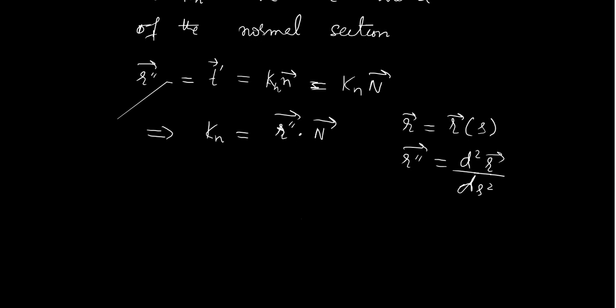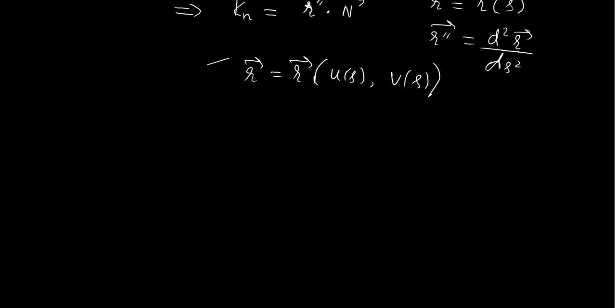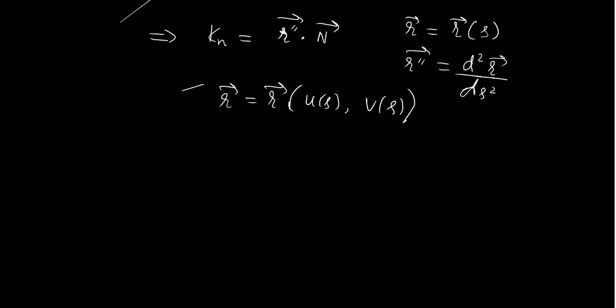Using the chain rule, r dash, which is dr by ds, is equal to del r by del u into du by ds plus del r by del v into dv by ds.